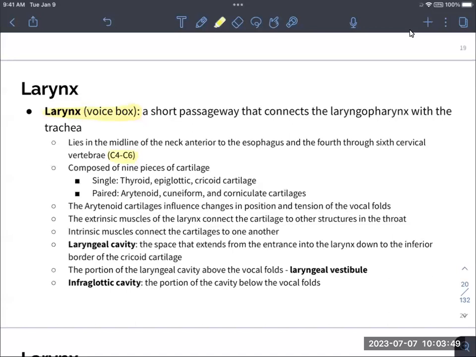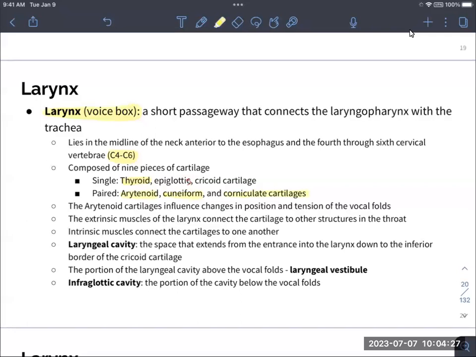And what is in that area? We have our thyroid cartilage, we have our epiglottis. We also have the cricoid cartilage. We have different cartilages: the arytenoid cartilage, the cuneiform cartilage, and the corniculate cartilages are found in that area.